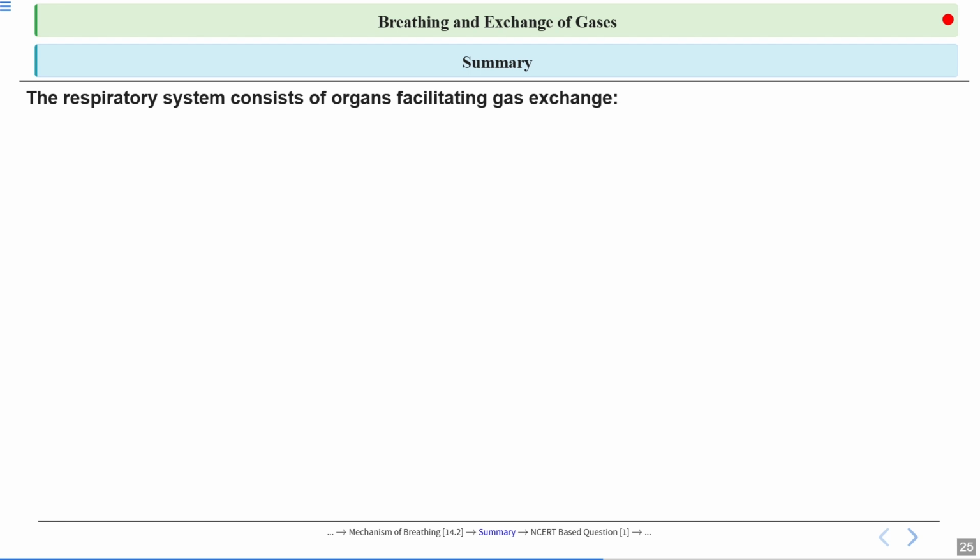Clear? Now let's summarize this entire lecture. The respiratory system consists of the organs facilitating gaseous exchange. Air enters the body through the mouth or the external nostrils. It reaches the nasal chamber, then the pharynx, then the larynx.